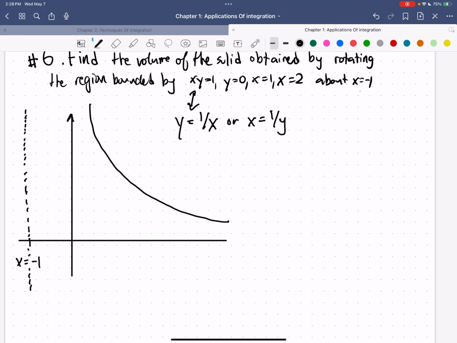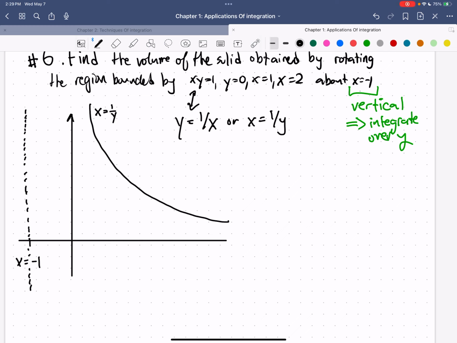And you know what? Because we're rotating about a vertical line, let's integrate over y. And so we'll use this function in the form x equals 1 over y.